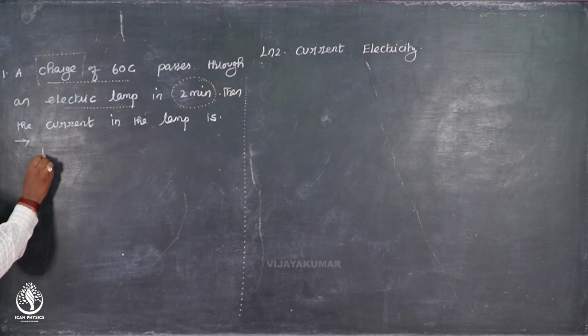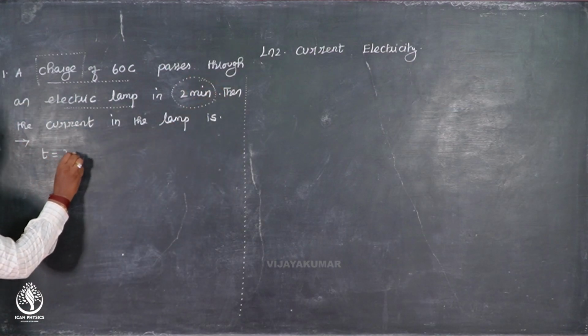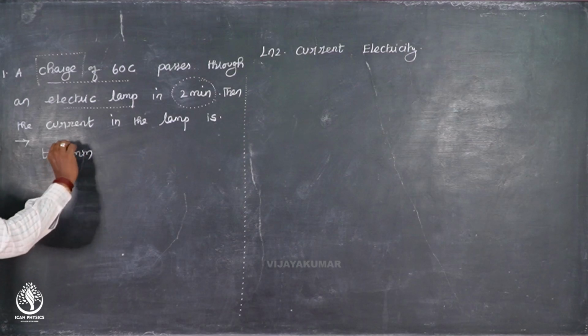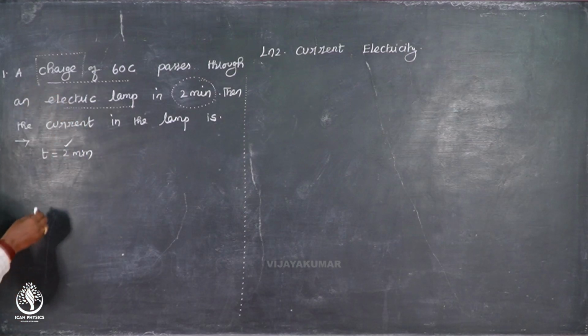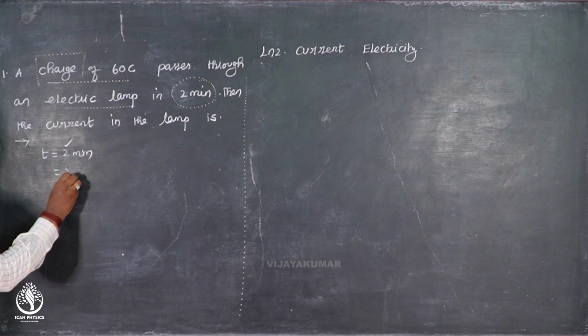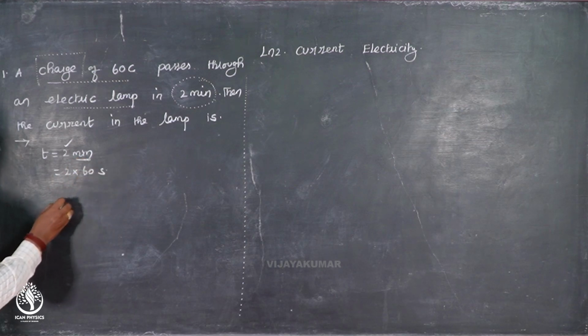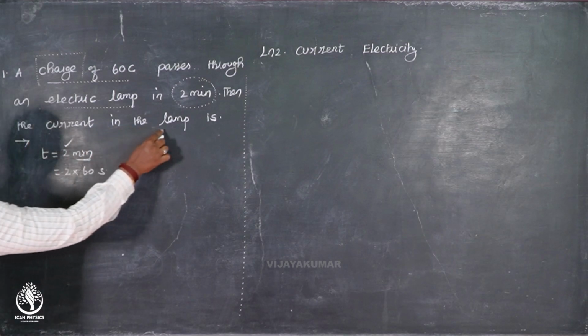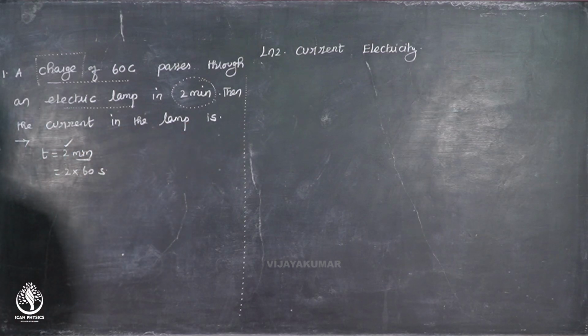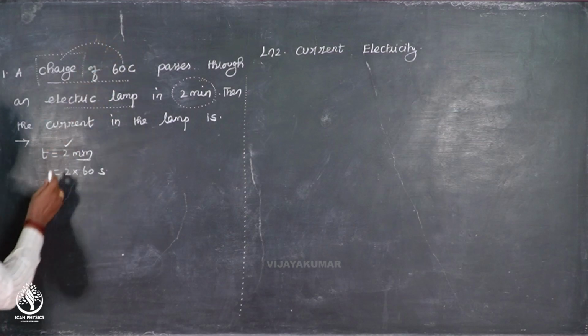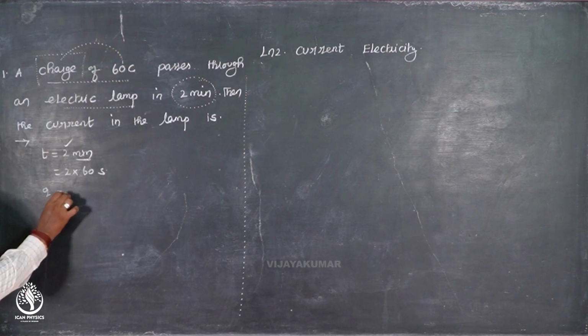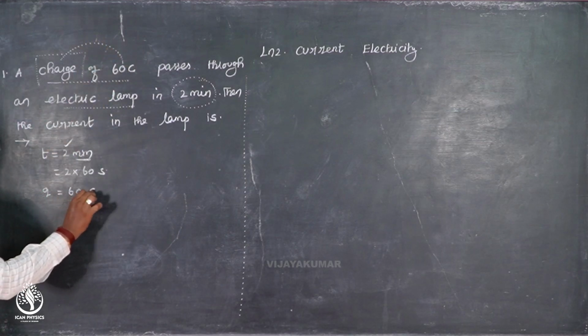So the time is given: t equal to 2 minutes. Convert the time into its fundamental unit: 2 into 60 seconds. The current in the lamp is, a charge of 60 coulomb, so charge equals 60 coulomb.